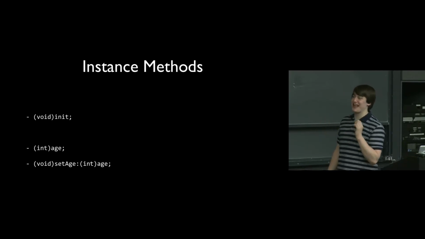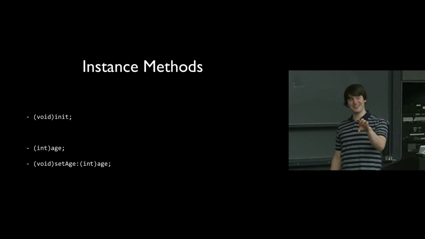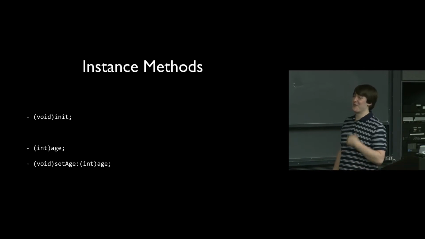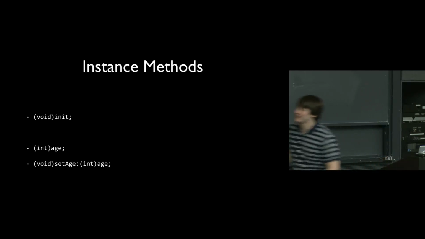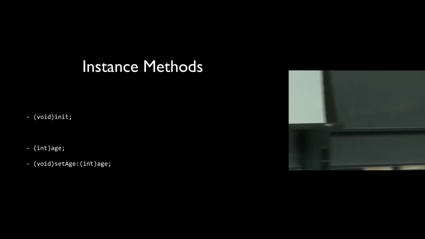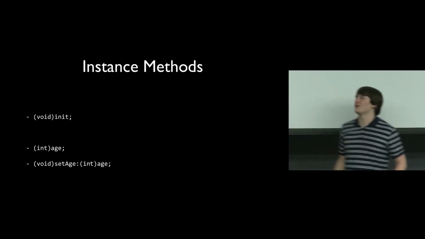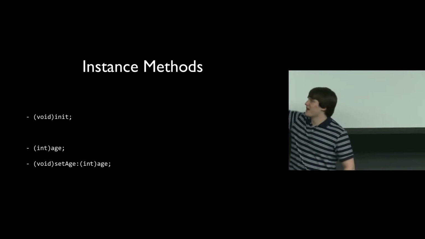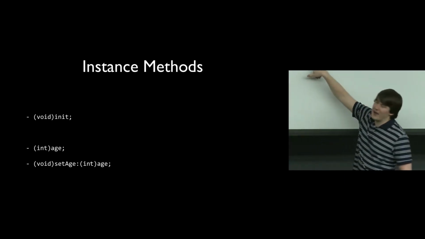And then technically the name of the last method is going to be setAge:. We'll see why. This age is what we're just going to call that variable. And this is the type of that variable. So this method isn't going to return anything. It's called setAge:, and we would pass it some integer.